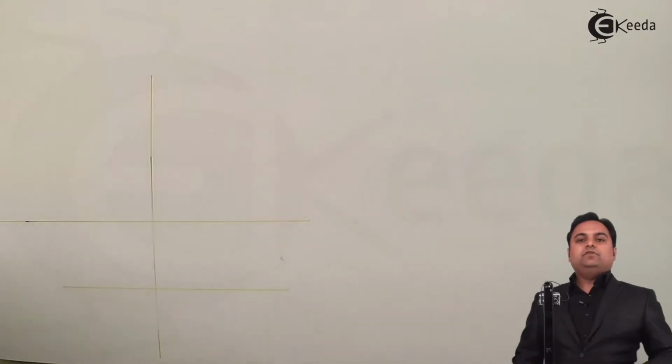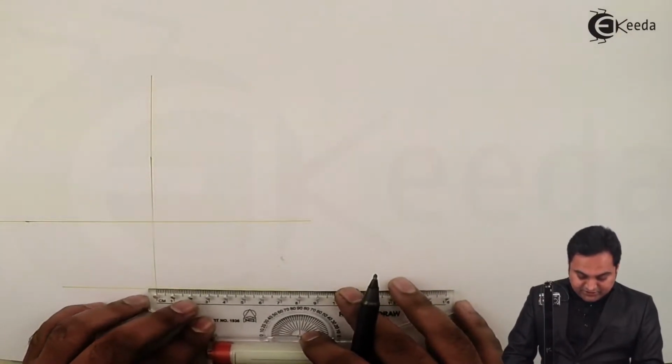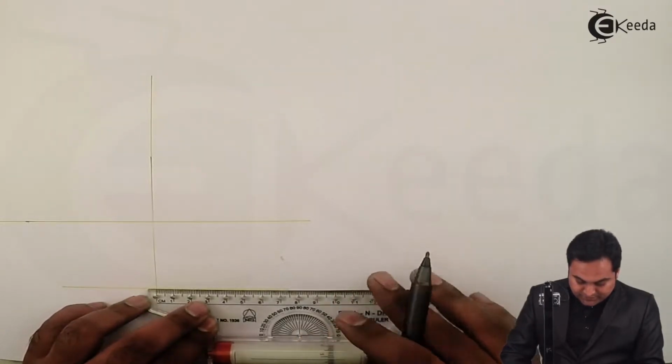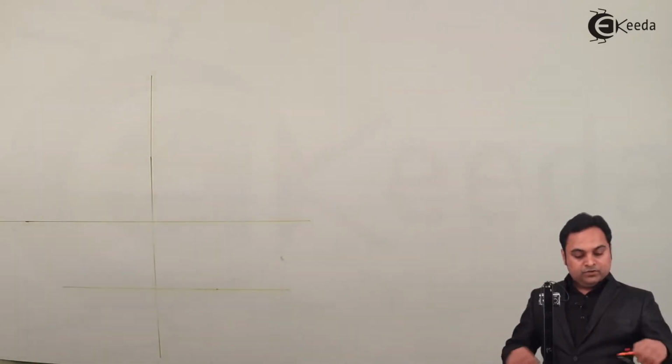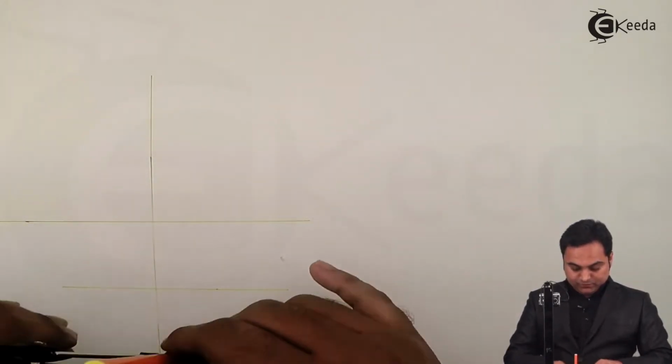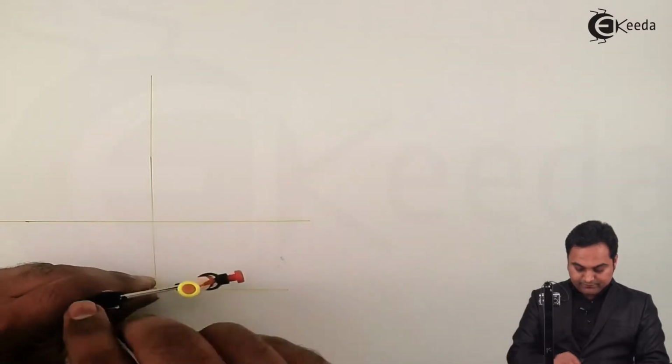The base diameter of the cone is given in the problem as 70 mm. So I'll take the radius as 35 mm. Drawing a light circle through this center, taking radius 35.